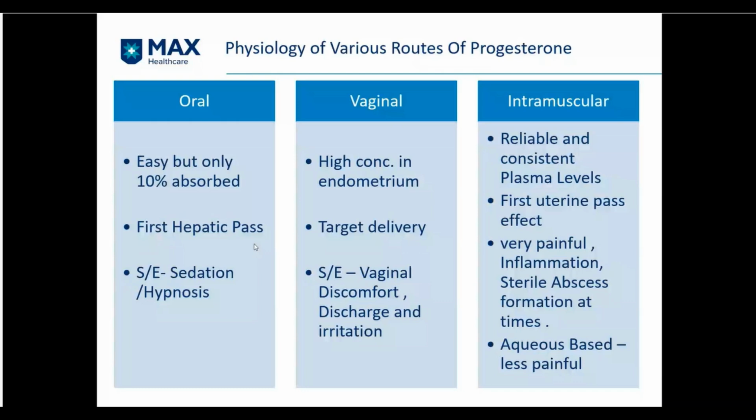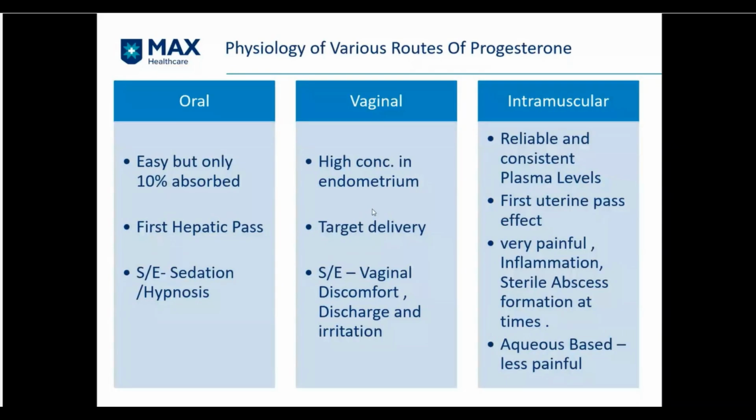Vaginal, definitely, because we are giving it locally, there is high concentration in the endometrium, targeted delivery. But the side effects are, many patients complain of vaginal discomfort, discharge and irritation. Intramuscular, we all know that they work well, but they are very painful.